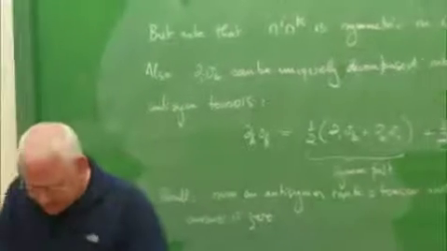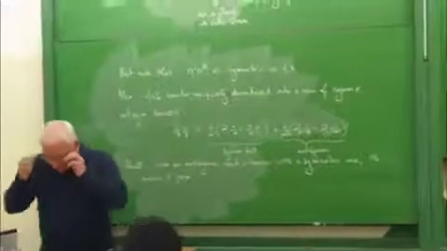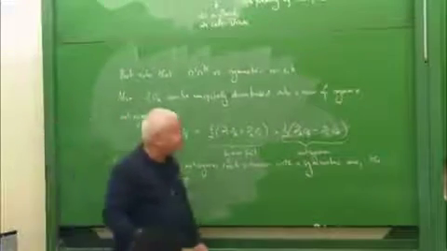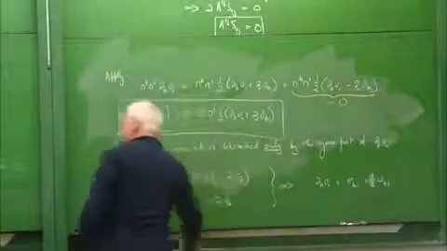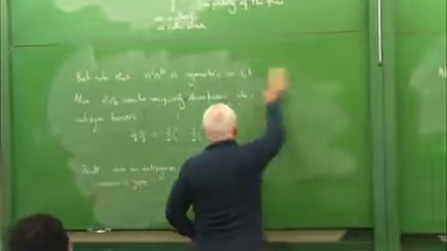All right, do you have any questions on this? So essentially what this tells you is that the linear strain rate is completely determined by this tensor that I've called Eij.